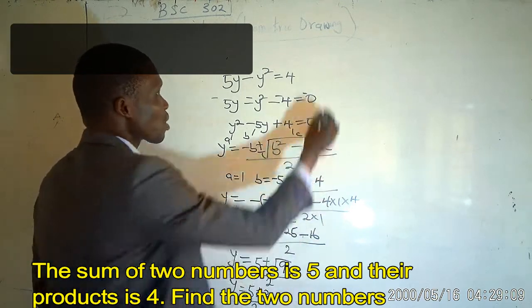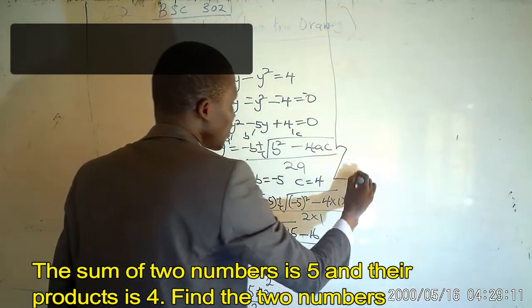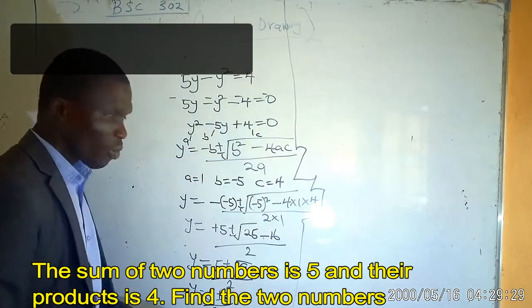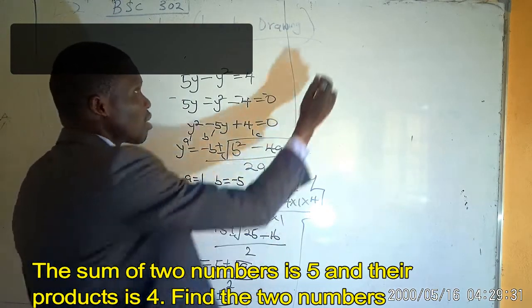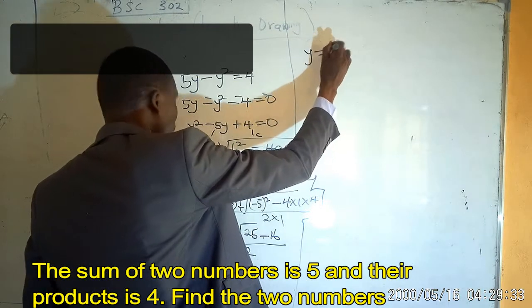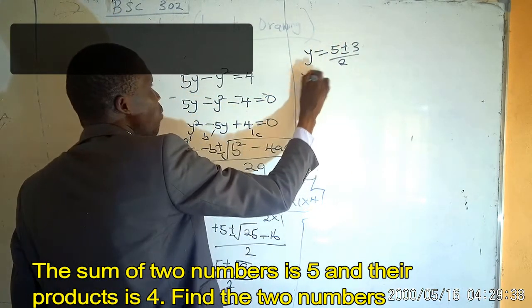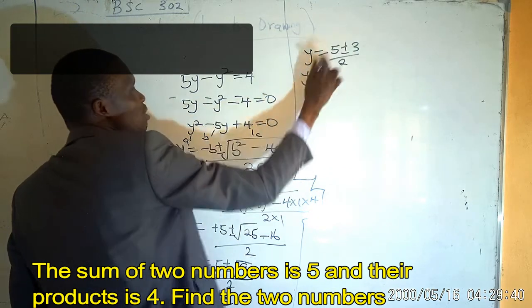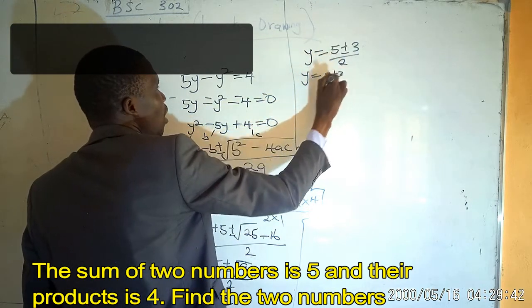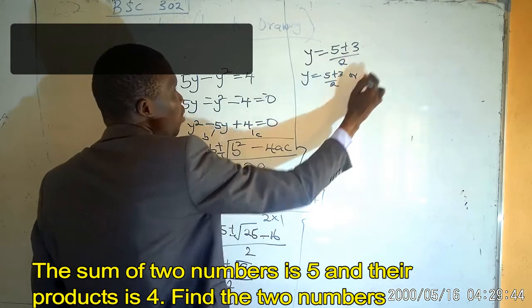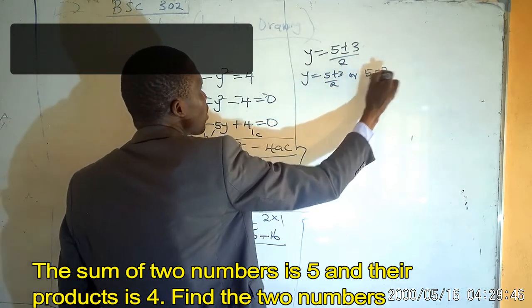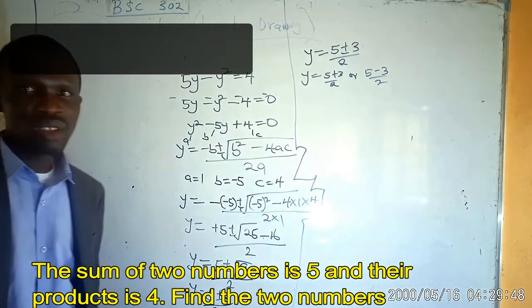Don't get confused. So y equals 5 plus or minus 3 all over 2. So y will give us 5 plus 3 all over 2, or 5 minus 3 all over 2. Don't get confused with that.